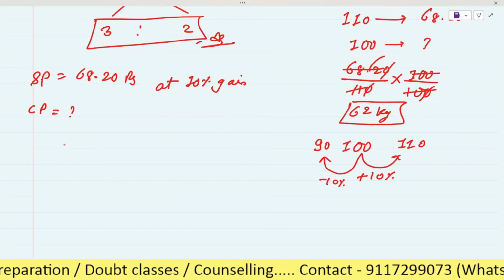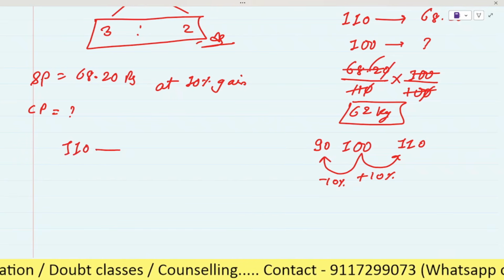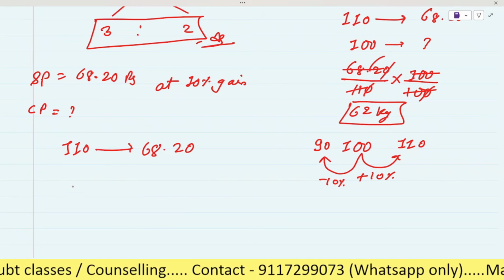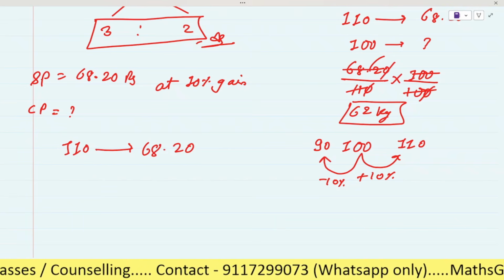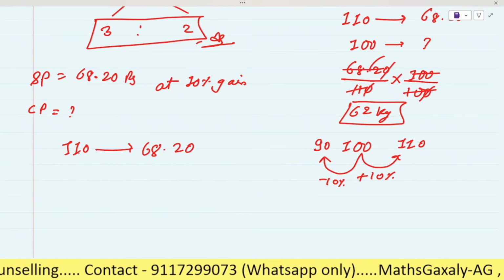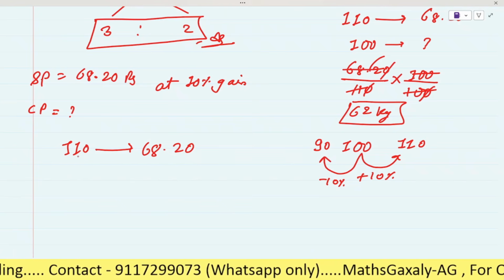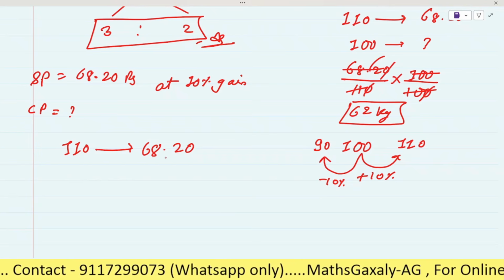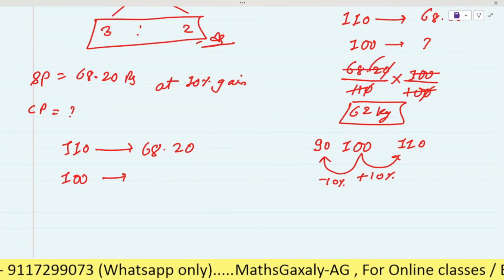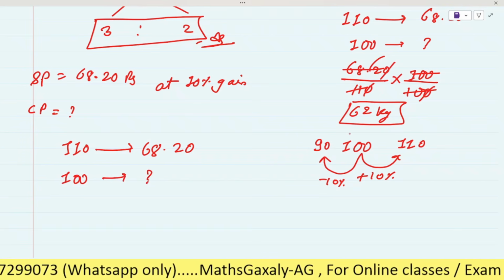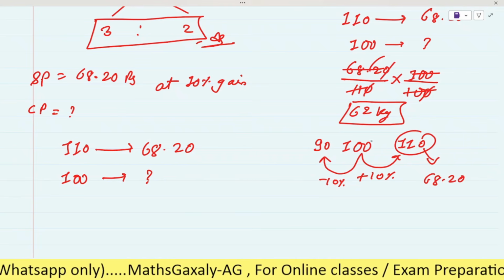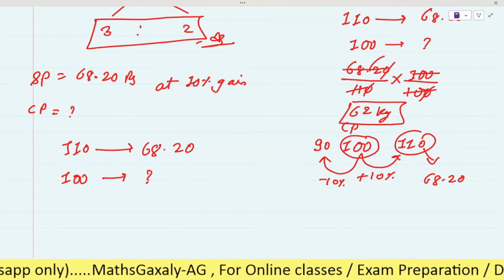It means here the value of 110 is 68.20. Suppose the mixture was of 100 rupees, so when he sells the mixture at 110 by 10% gain, that value is equal to 68.20. So we have to find the cost of the mixture, means the value of 100. See here, 110 is equal to 68.20, then we have to find the 100, this is CP.